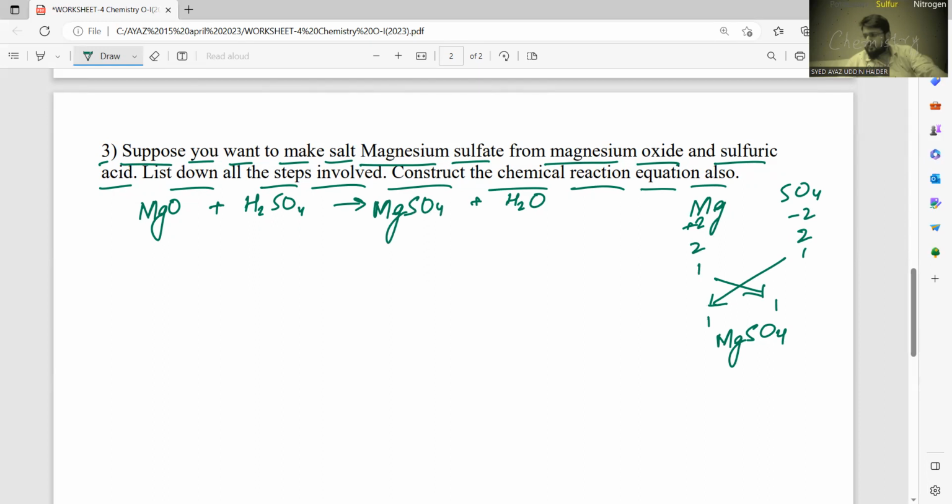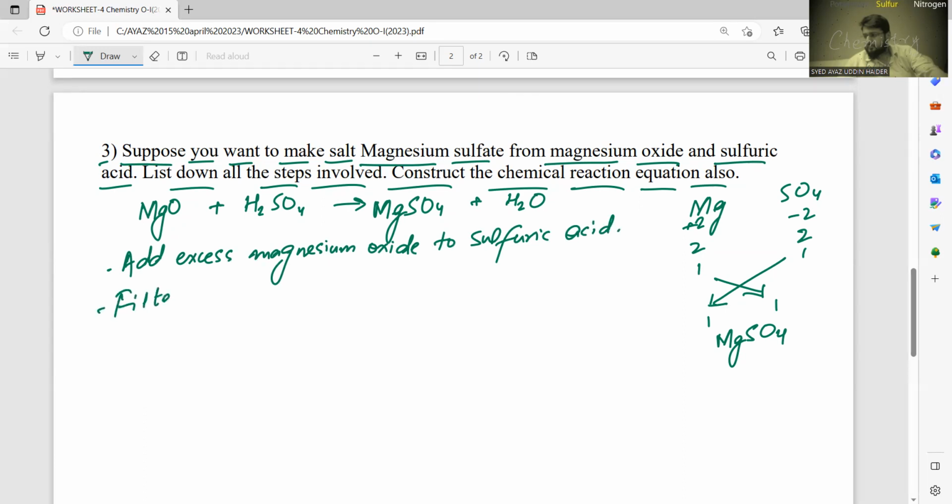Now, what about the steps? The steps involve for the reaction between metal oxide and acid. So you can write add excess magnesium oxide to sulfuric acid.